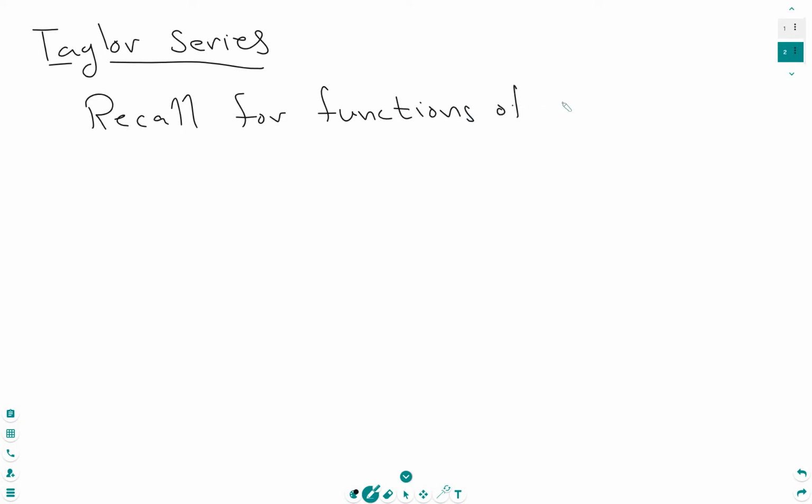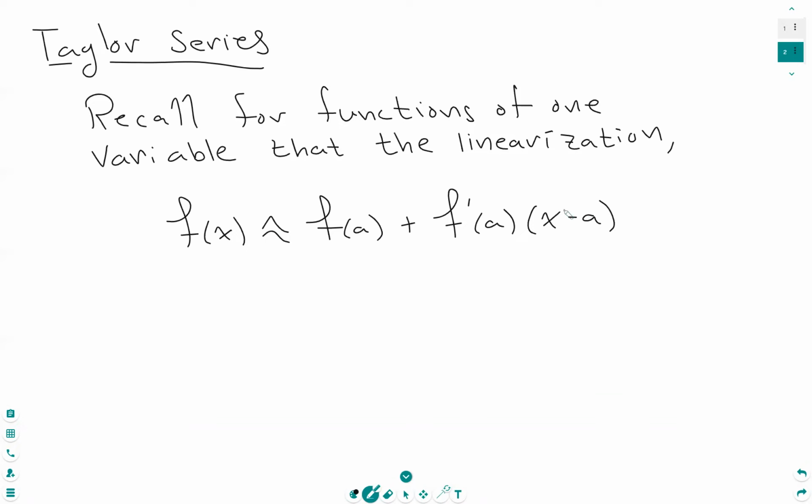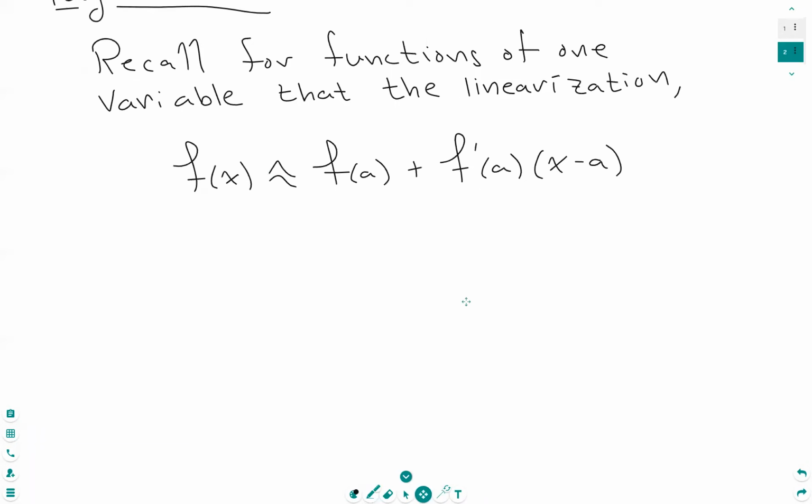for functions of one variable that the linearization was that f of x was approximately f at some point a plus the derivative at a, and then x minus a. So this is what we learned in Calc 1, this linearization.